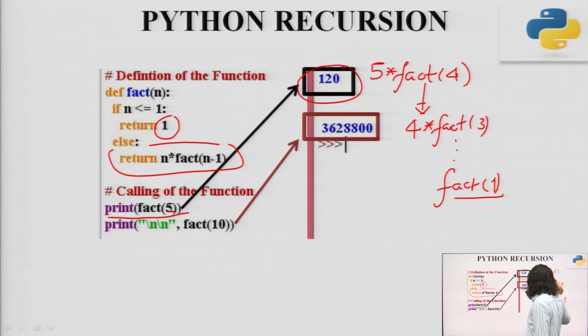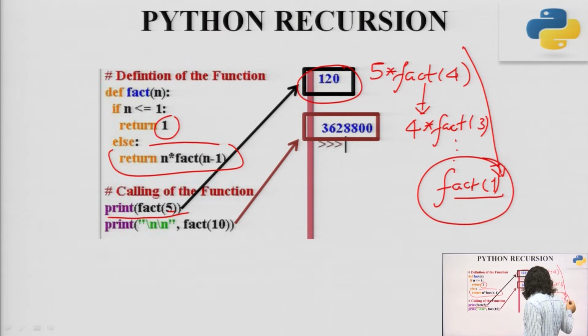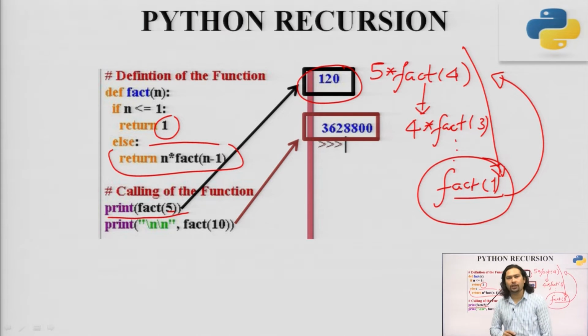That means right now the process is flowing from top to bottom, but at the ending of factorial 1, it will revert its direction back towards the original calling of the function by the user, that is factorial 5. In this way, you will get 5 multiplied with 4 multiplied with 3 multiplied with 2 multiplied with 1.